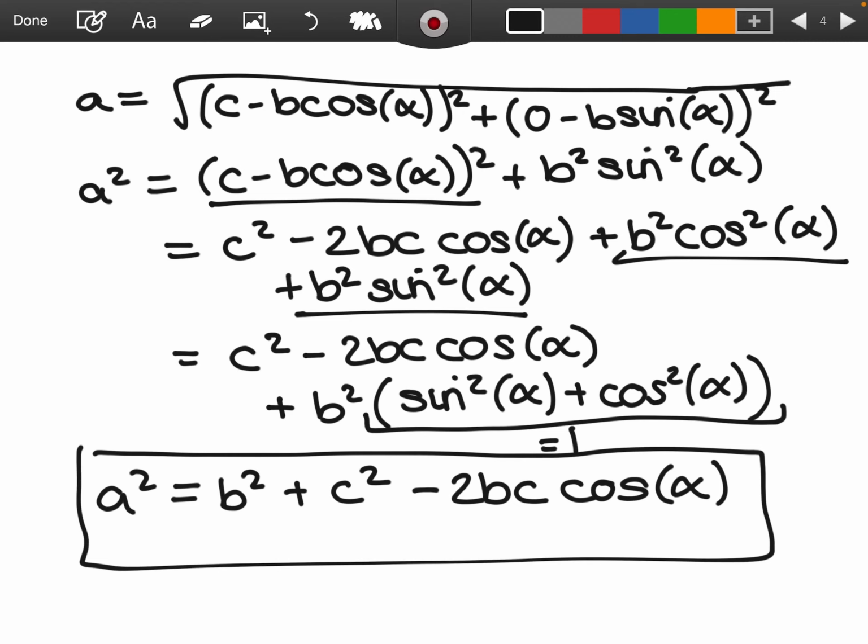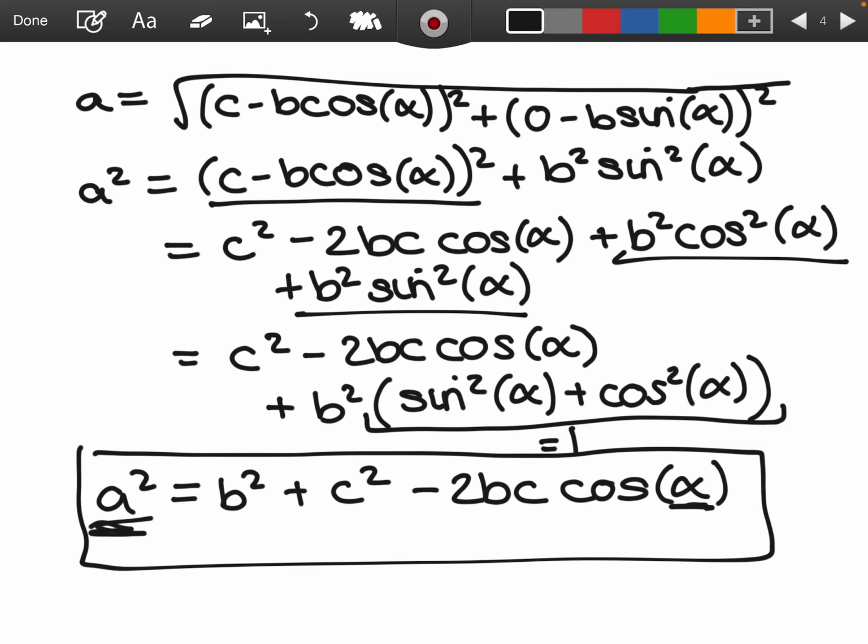This is the law of cosines. One side, we'll call it a squared, is equal to each of the other two sides squared, minus 2 times the other two sides multiplied together, multiplied by the cosine of the angle that is opposite this side.